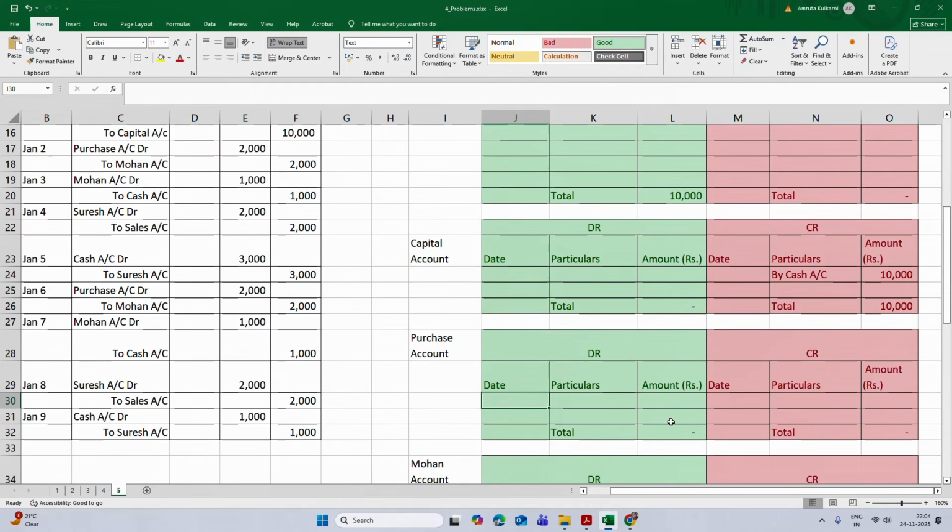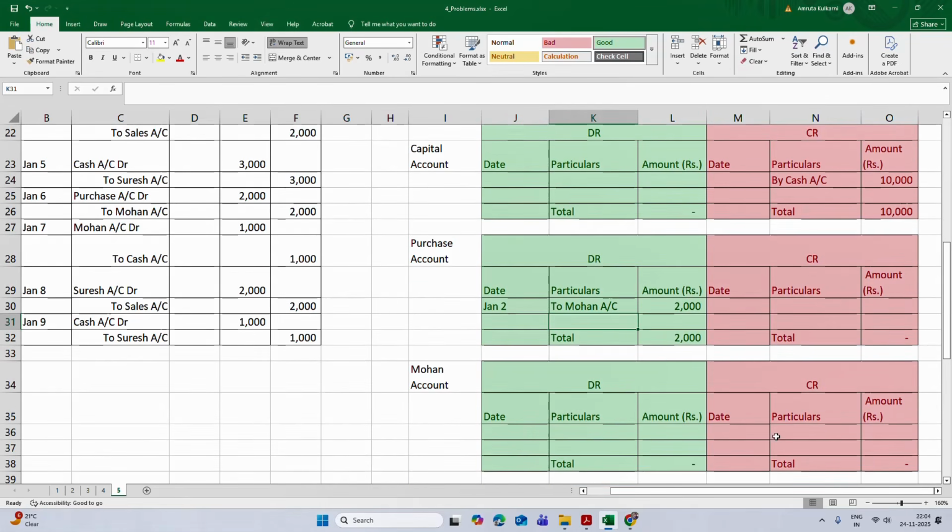So on Jan 2, I will have this purchase account debited to Mohan, to Mohan account for rupees 2000, as well as I will also have to make this entry in Mohan account for purchase, that is by purchase account worth rupees 2000.